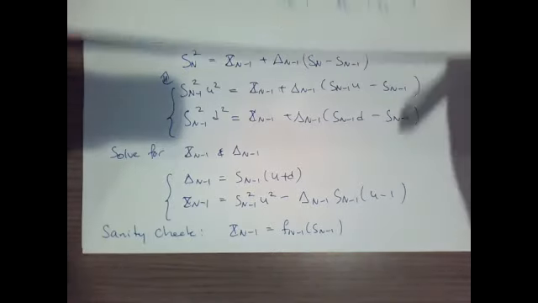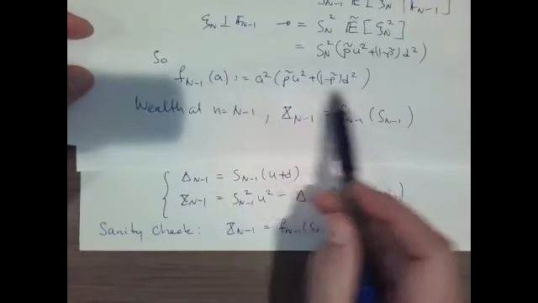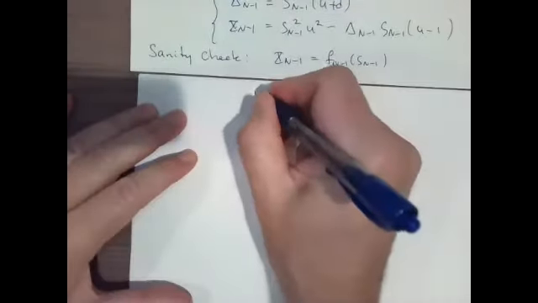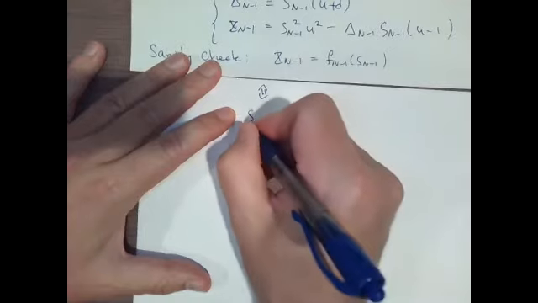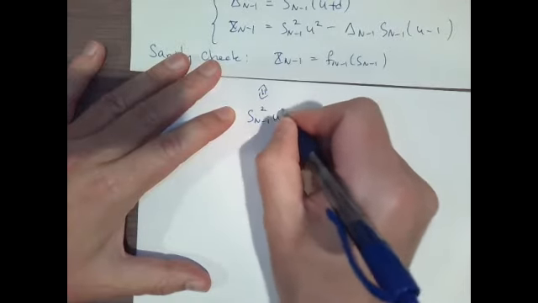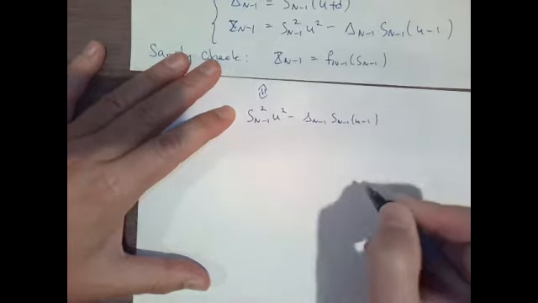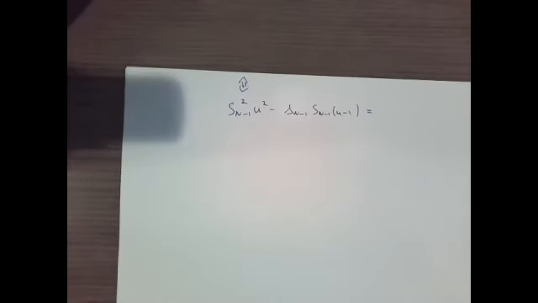But it's not so bad because we have a formula for it. This is my formula. So we can write out what this is. This is the same as saying Sn minus 1 squared u squared minus delta n minus 1 Sn minus 1 u minus 1. That this is the same thing as this fn minus 1 of Sn minus 1, and I have a formula for that, so I'm just plugging in the formula.